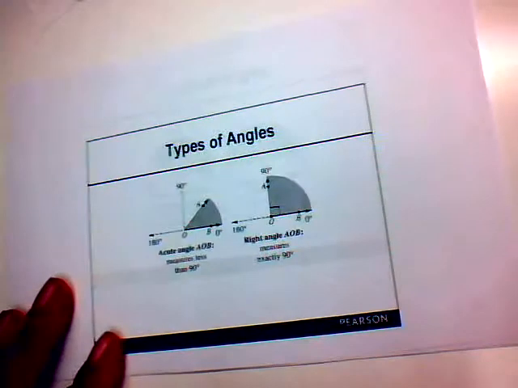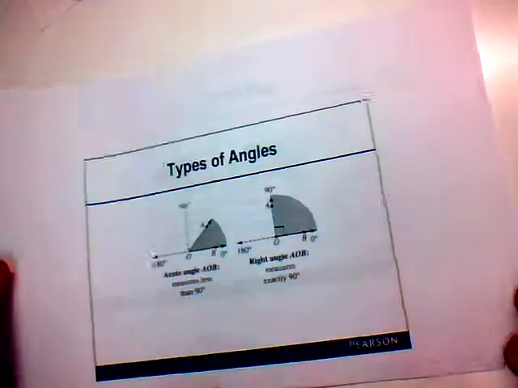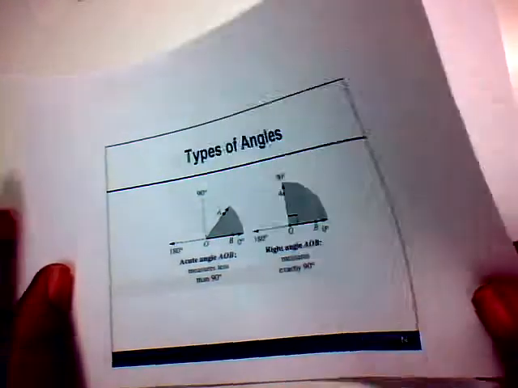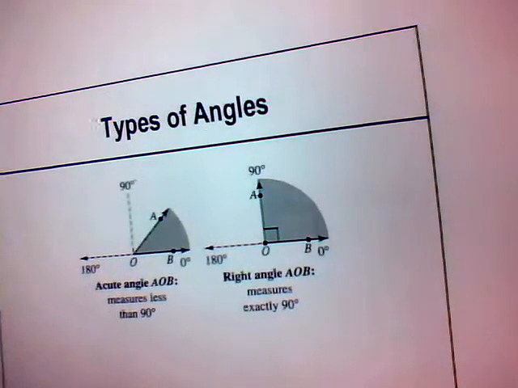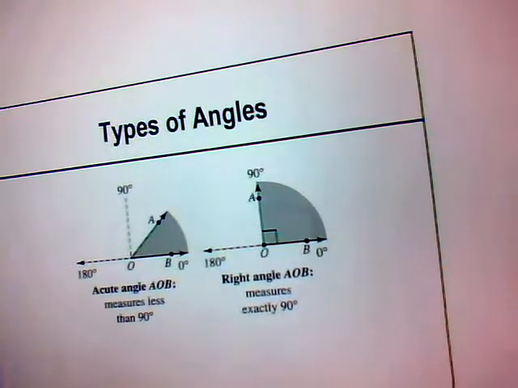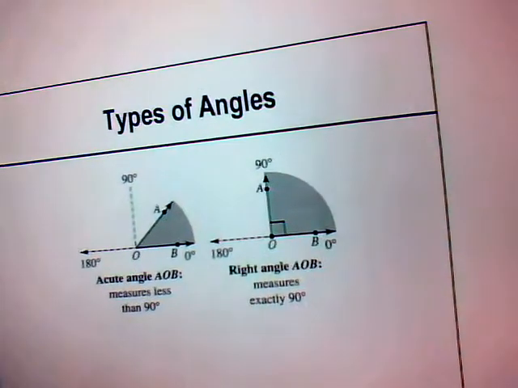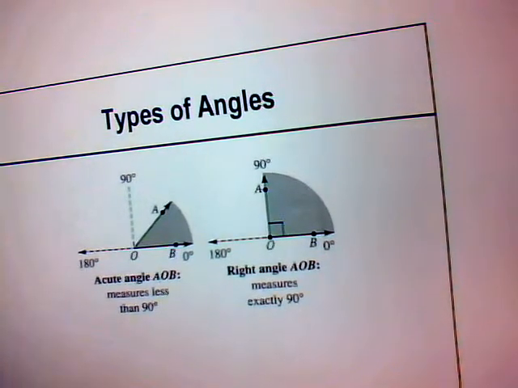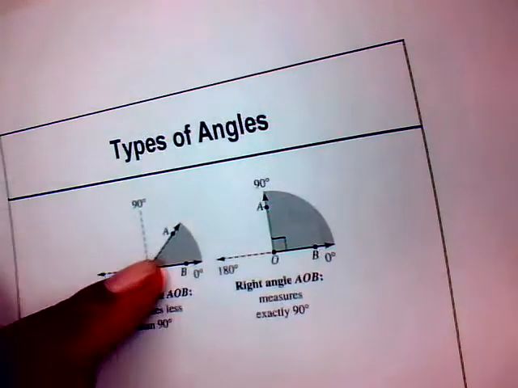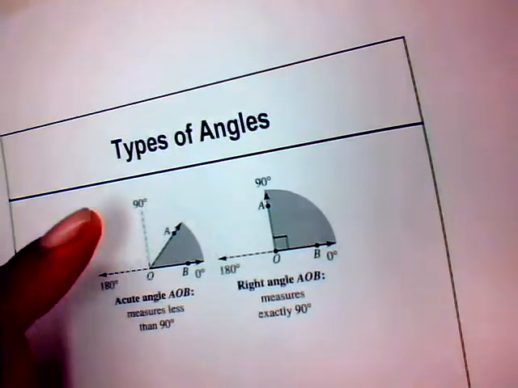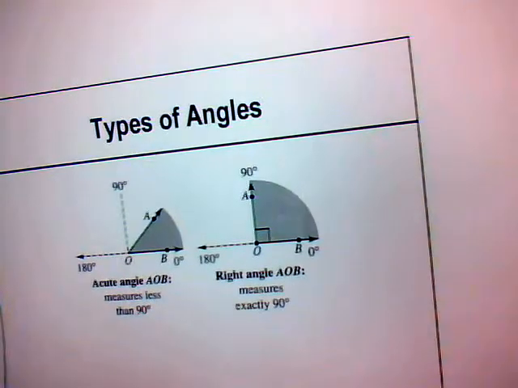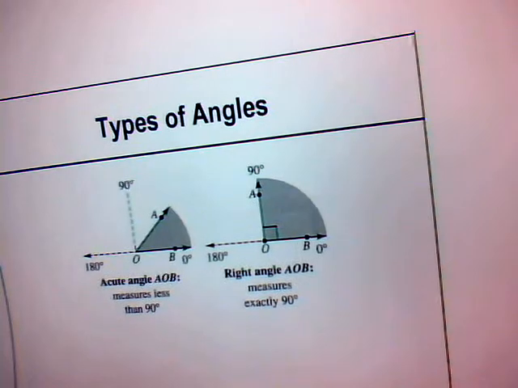All right, now let's look at the types of angles here. On the left, you see an acute angle, AOB. An acute angle is any angle with a measure less than 90 degrees. So angle AOB is considered to be acute.